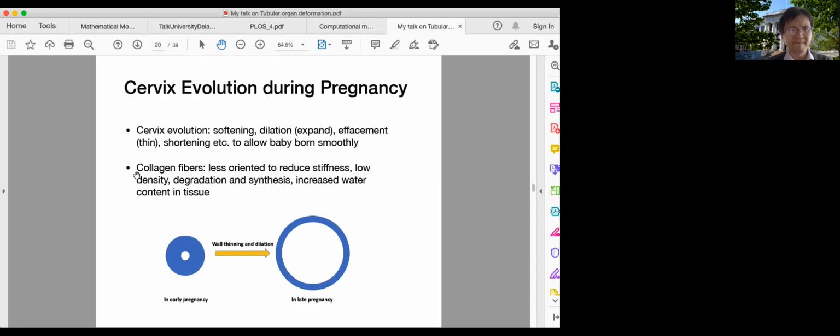There are also collagen fibers in the cervix. There are 3 layers for the cervix, and in each layer, the fiber direction is different. And near the due date, the fibers become less oriented to reduce stiffness, and there is also lower density degradation and synthesis to increase water content in the tissue.